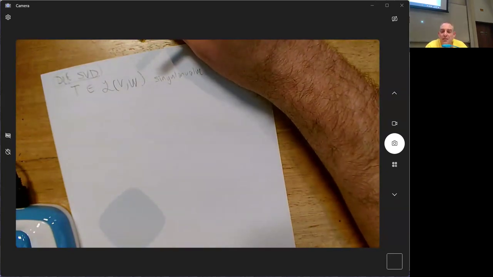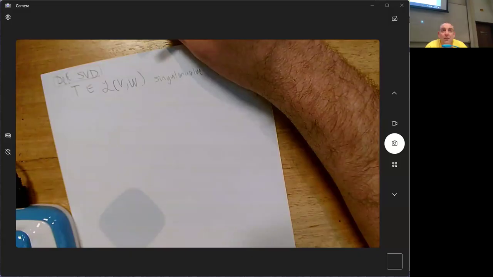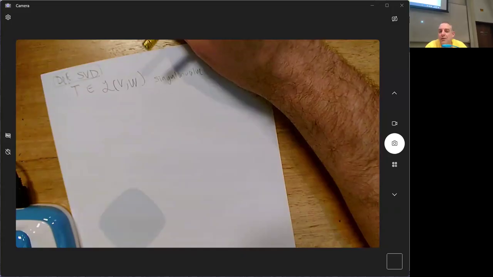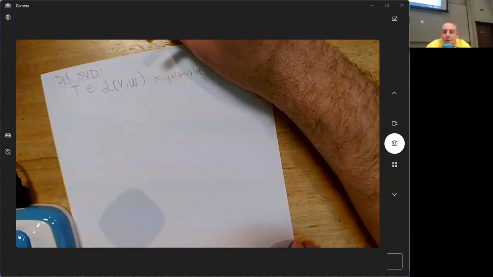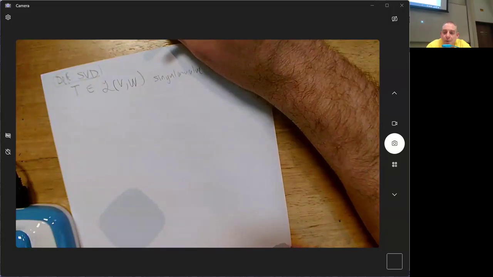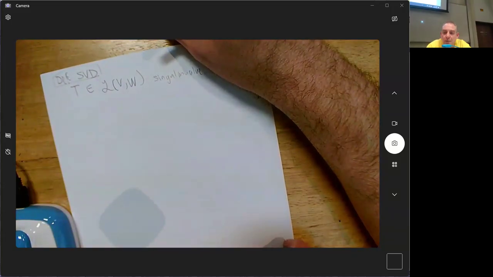Like, why say that? I think someone else did, and it might be the wrong answer. Right. The non-negative square roots of the eigenvalues.